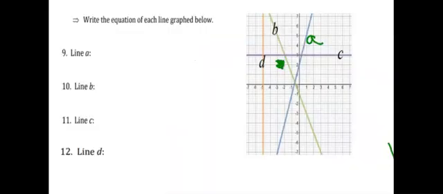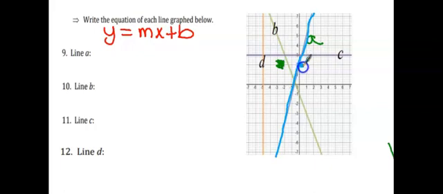All right, so we have rewritten equations, we have taken an equation and graphed it, and now we have the lines and we want to go backwards and make the equations. Again, we want to focus back on y equals mx plus b. So let's first start with this A1, this blue line right here. Let's think about where this starts.